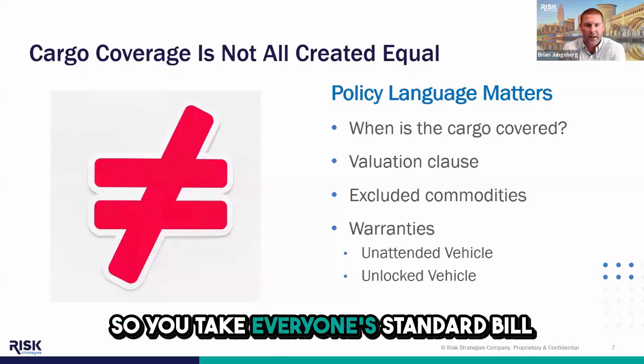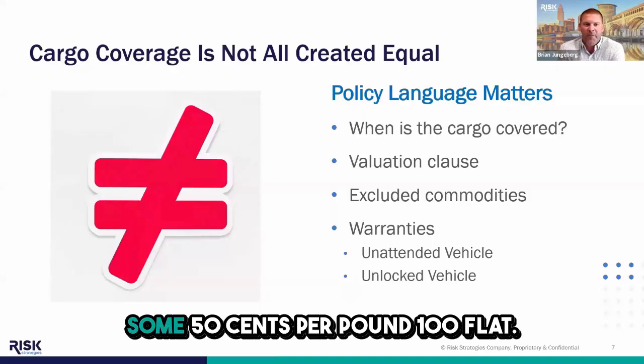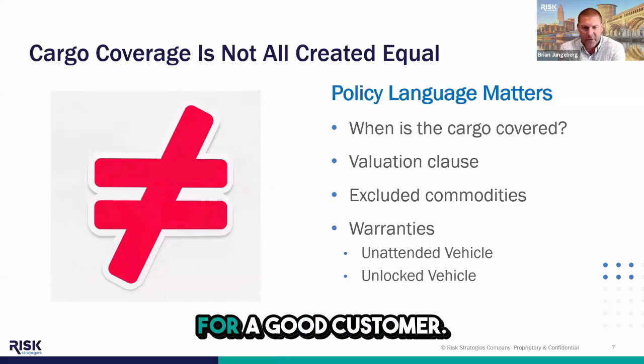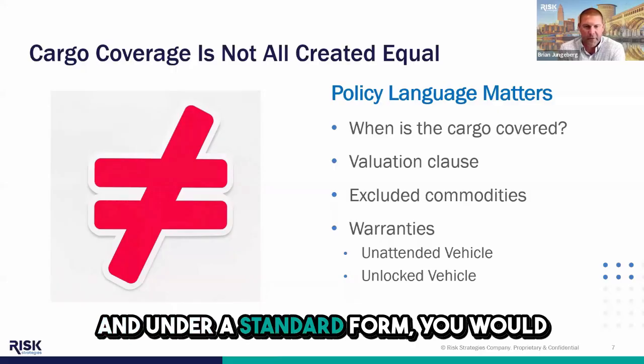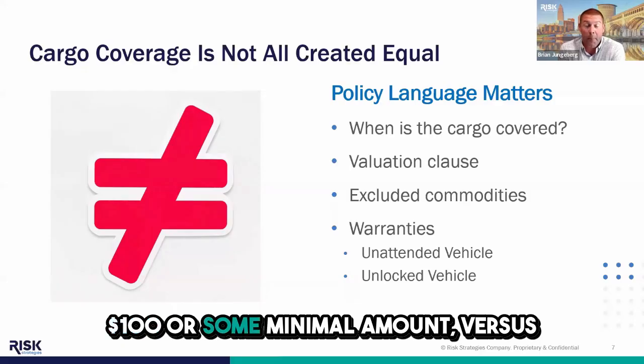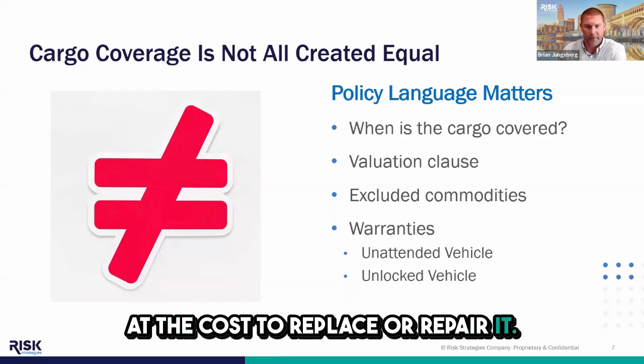So you take everyone's standard bill of lading or delivery receipt where the limitation is some 50 cents per pound, $100 flat, right? And you have a $10,000 loss for a good customer. Under a standard form, you would be giving them a whopping $100 or some minimal amount, versus having the ability to pay that claim at the cost to replace or repair it.